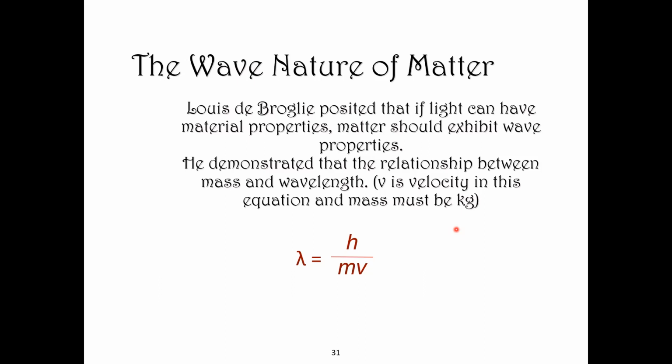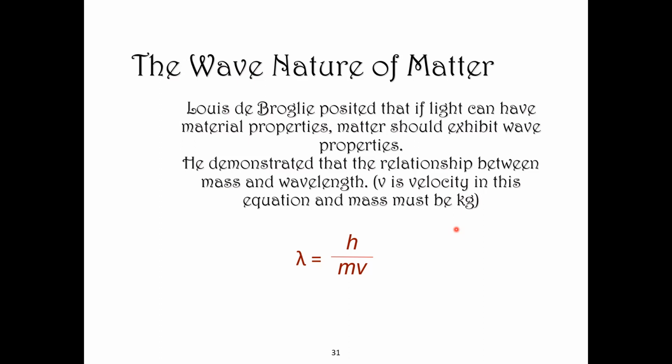But when we were thinking about the electromagnetic radiation, of course, it behaves like a wave. And then we saw that it can also behave like a particle. So it's got that duality. Louis de Broglie was a scientist, and he came up with this theory that a similar sort of concept could be applied to all matter.